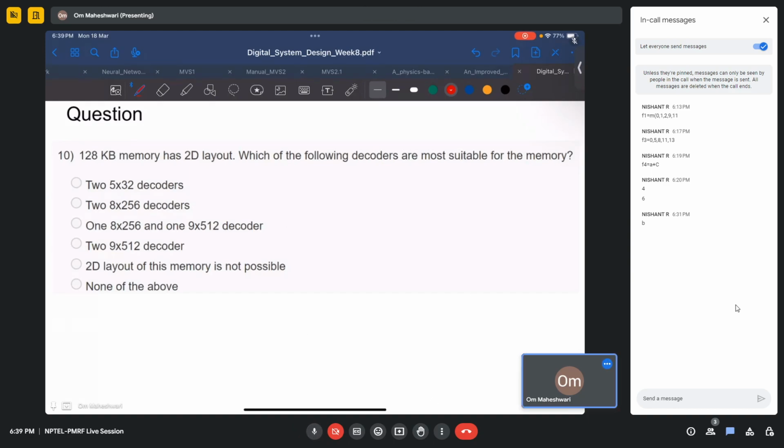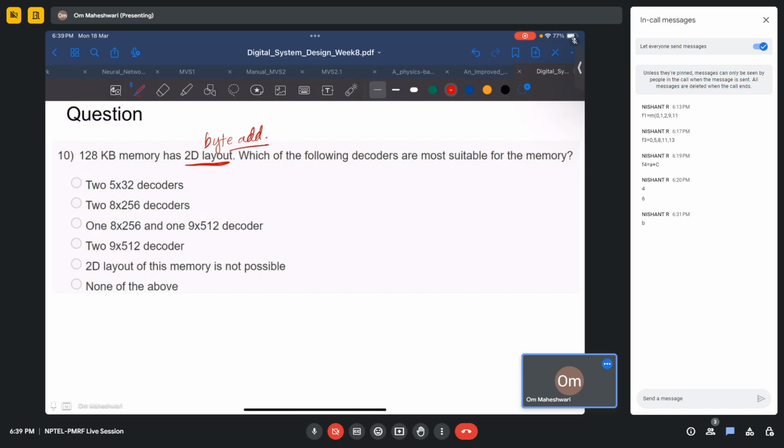Okay, so let us look at it. Basically, you have to extract information from this question, right? 128 KB memory has a 2D layout. In a 2D layout, generally we have bytes and words.